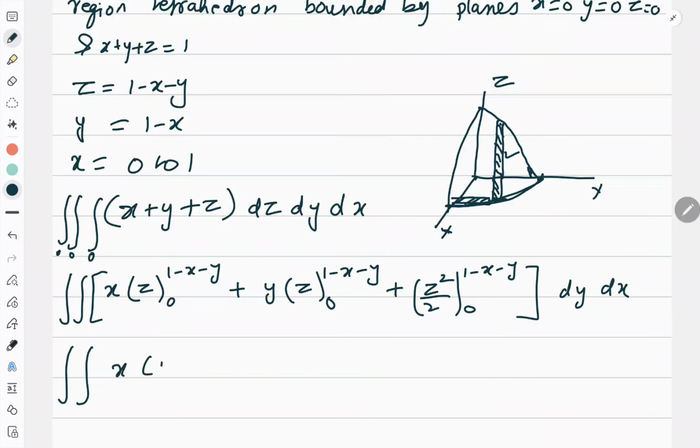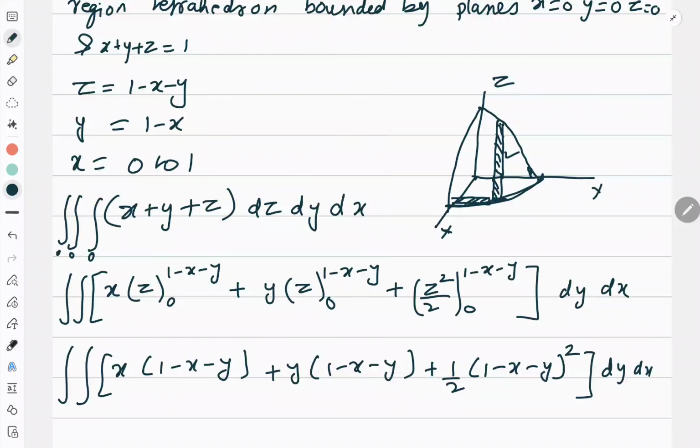So x times 1 minus x minus y, minus 0 gone, plus y times 1 minus x minus y, 0 gone, plus 1 by 2 times 1 minus x minus y square, lower limit gone, dy dx.